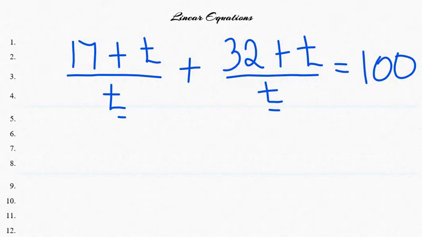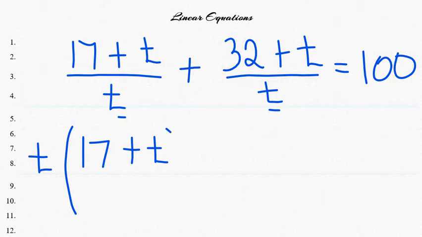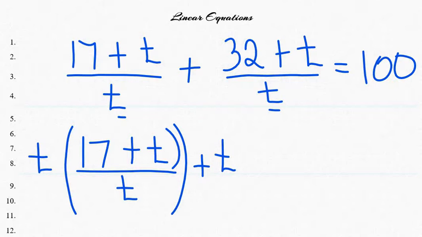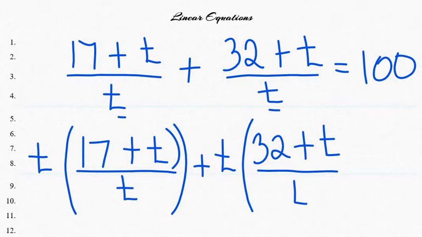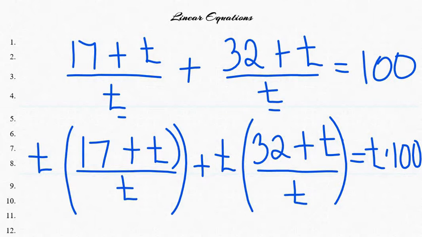But I think what we're going to do here is we're just going to multiply t by the whole thing, and of course this would be equal to t times 100. So don't forget the right hand side.